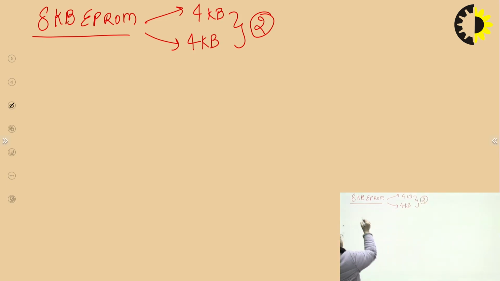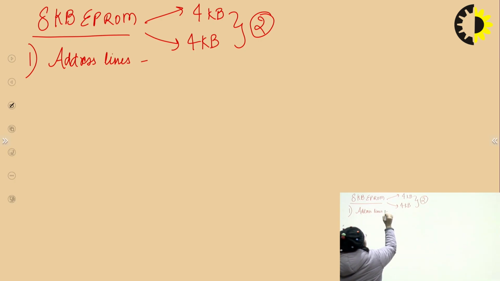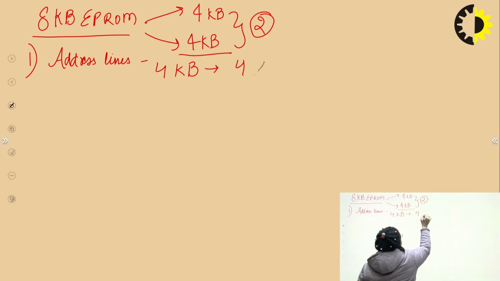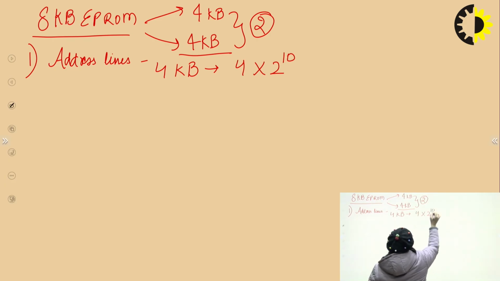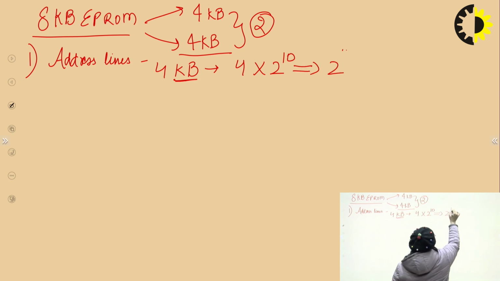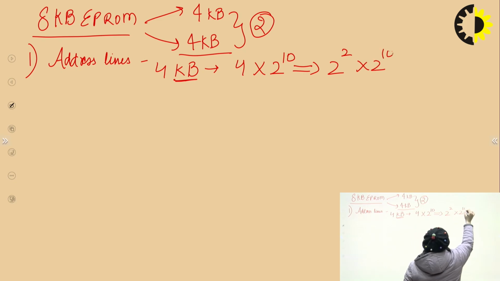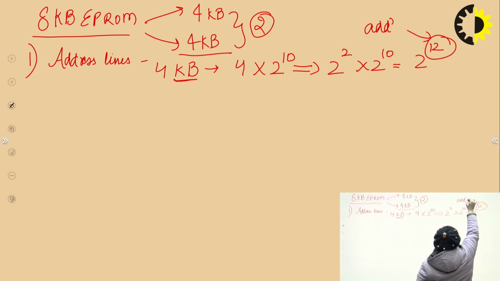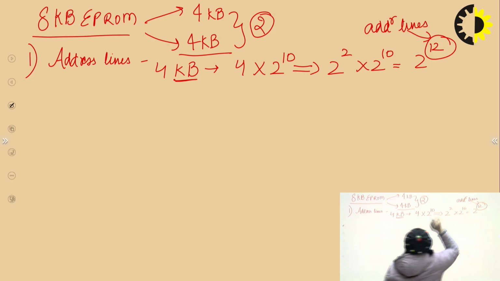Next thing is my address lines. Very first thing, how many address lines are required? The address lines depend upon the 4 KB. 4 KB I can write as 4 multiplied by 2 raised to power 10, because it is KB, 1K, and 4 can be written as 2 raised to power 2. Base same, powers will add, it will be 2 raised to power 12. So the number of address lines is 12 here for 4 KB.